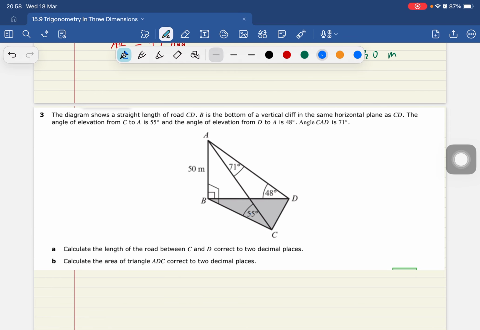Okay, we can go to number 3. Look, we got the angle, the opposite, and the hypotenuse, so we can use the sine formula.